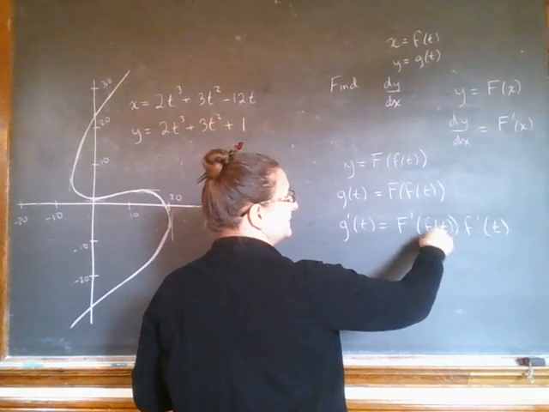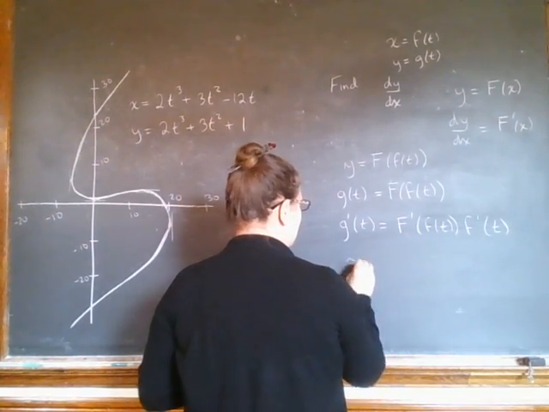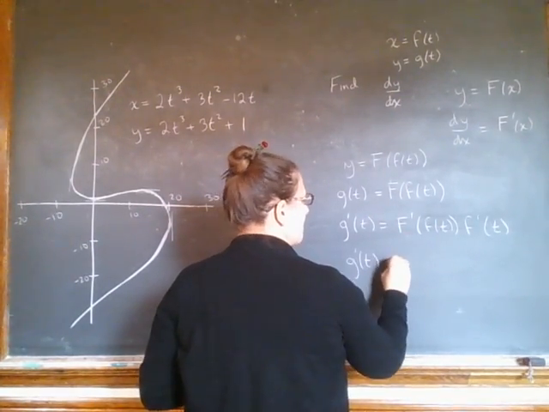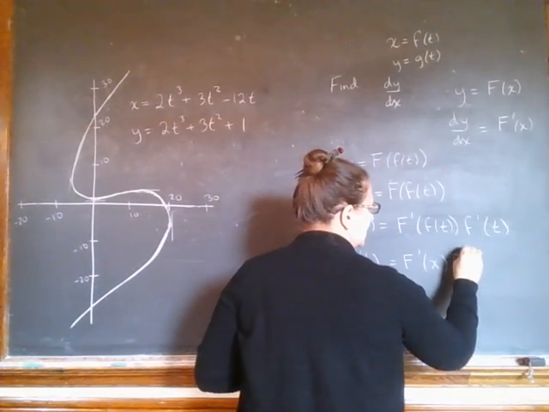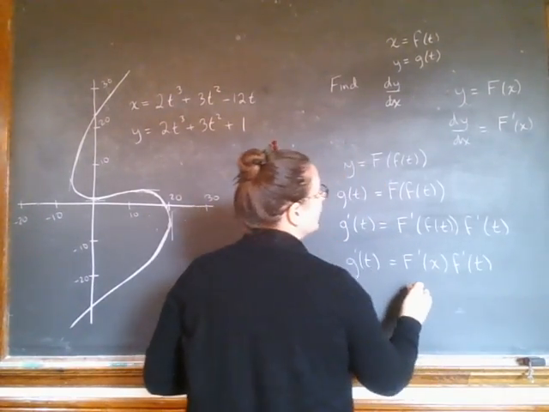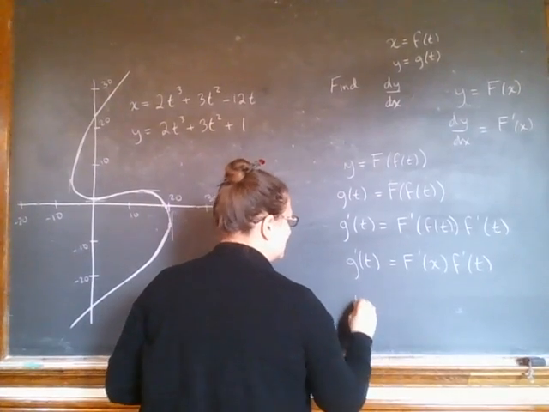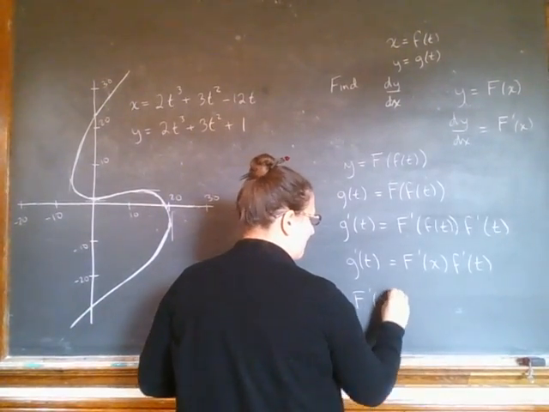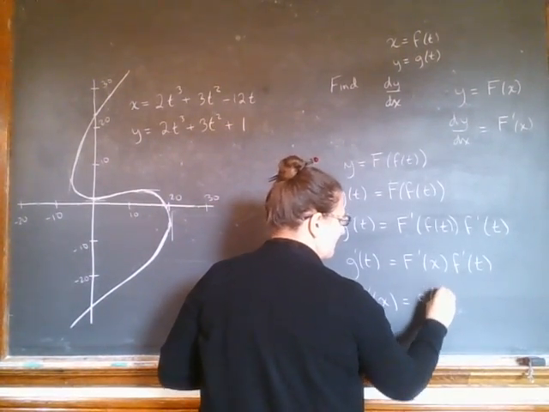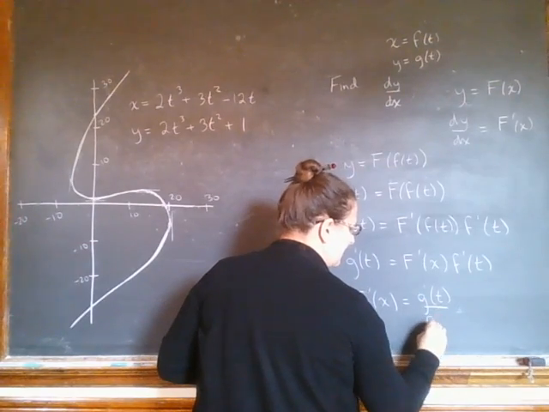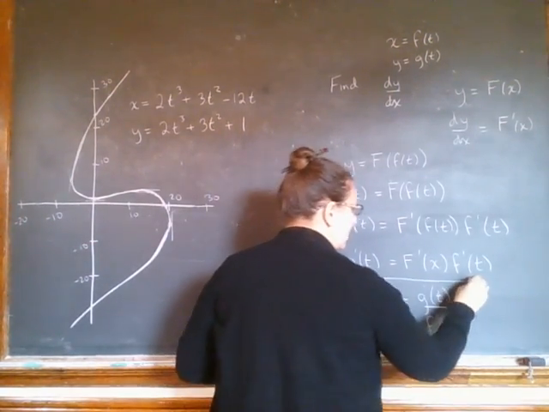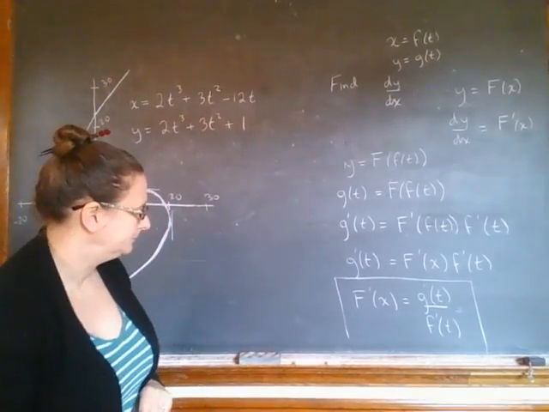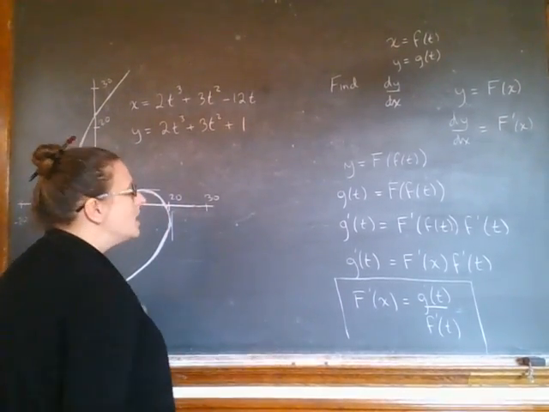Okay, but little f of t is just x, so I can rewrite this as F prime of x times little f prime of t. Well, that's what I want, F prime of x. So if I can solve for that, that actually tells me how to find the slope or the derivative.